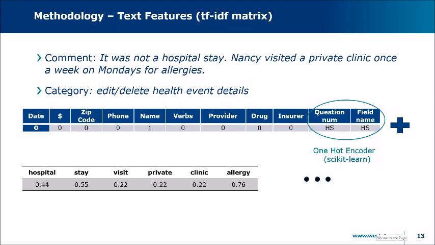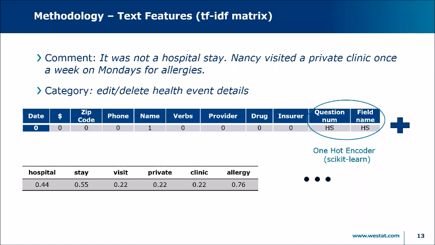Besides the 11 features I just presented on the previous slides, we also append the extra words from the sentences to the vector. Those words are hospital, stay, visit, private clinic, and so on, after being tokenized and transformed using a TF-IDF matrix.